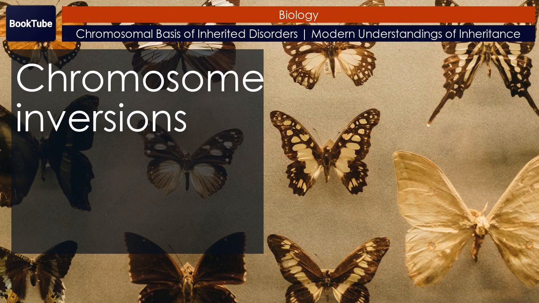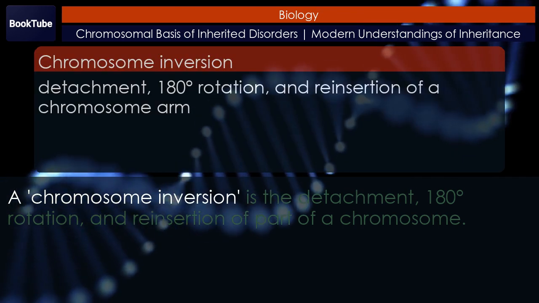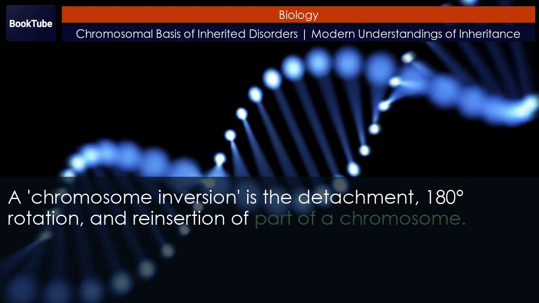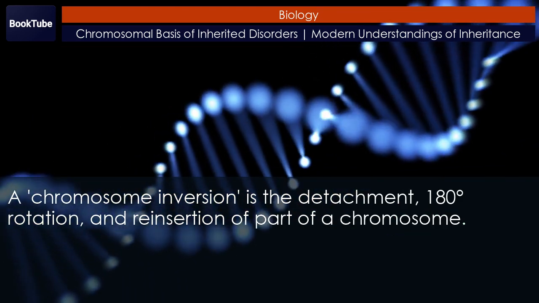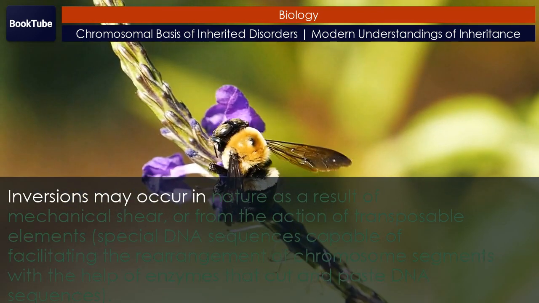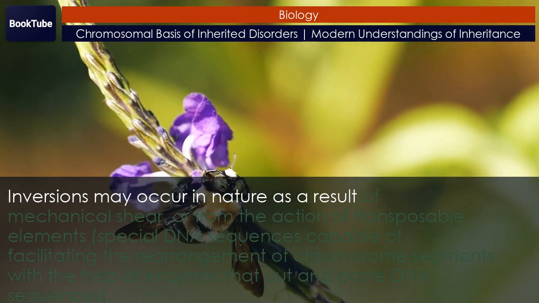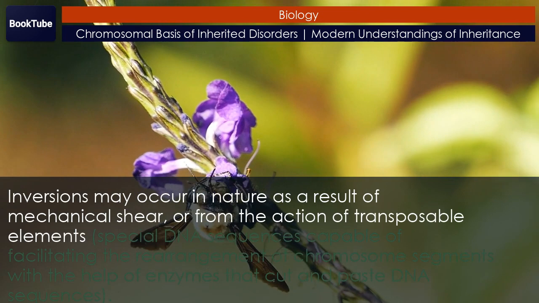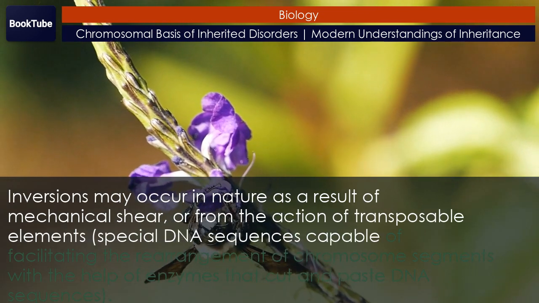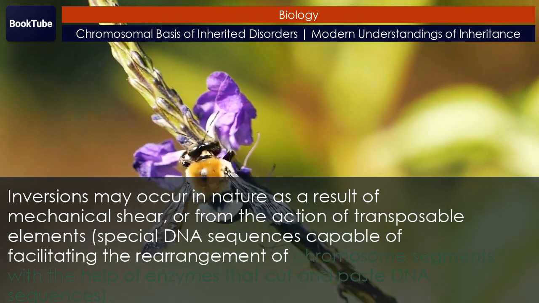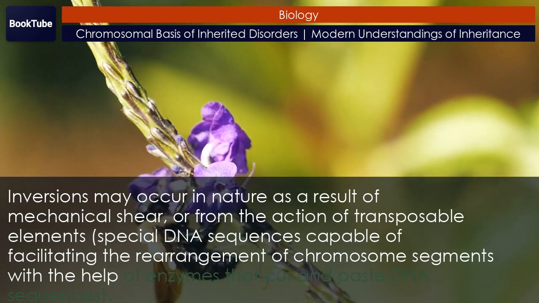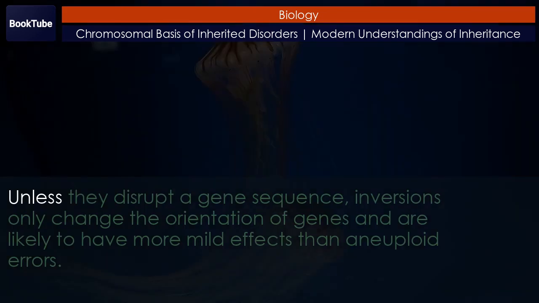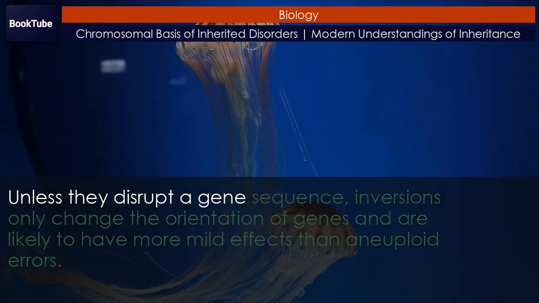Chromosome inversions. A chromosome inversion is the detachment, 180 degrees rotation, and reinsertion of part of a chromosome. Inversions may occur in nature as a result of mechanical shear, or from the action of transposable elements: special DNA sequences capable of facilitating the rearrangement of chromosome segments with the help of enzymes that cut and paste DNA sequences, unless they disrupt a gene sequence.